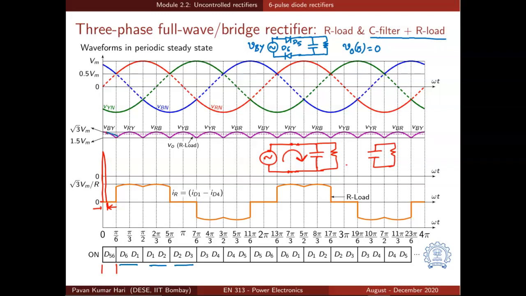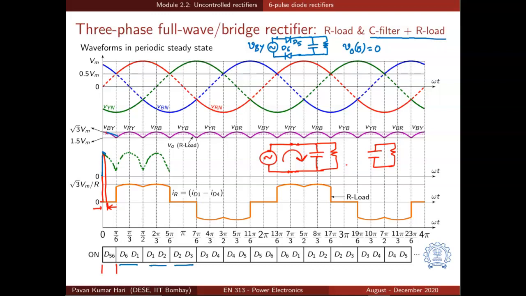Let me represent this with a zoomed figure so that you can understand better. So we started here. In fact, the voltage was 0.